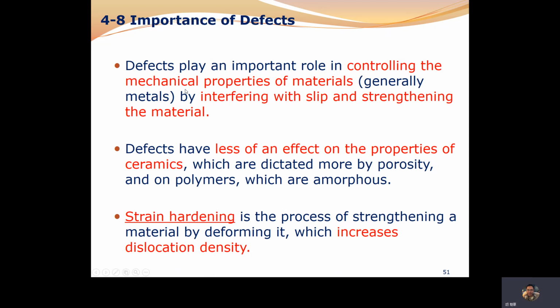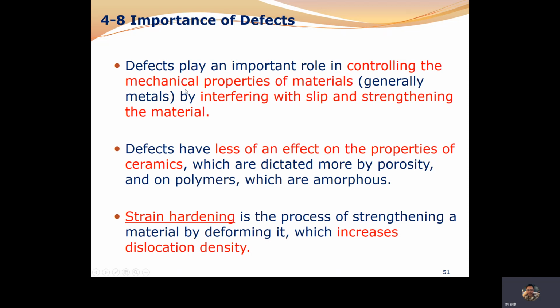You can think of what kind of defect you want to apply to the material to strengthen its mechanical property: the point defect, the line defect, and the surface defect. The function of those defects is to strengthen the material's mechanical property.